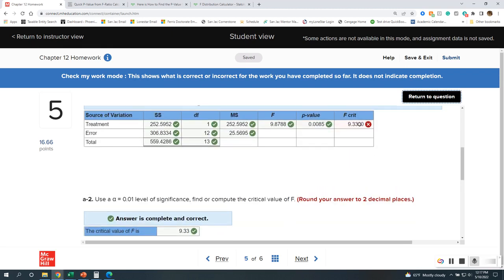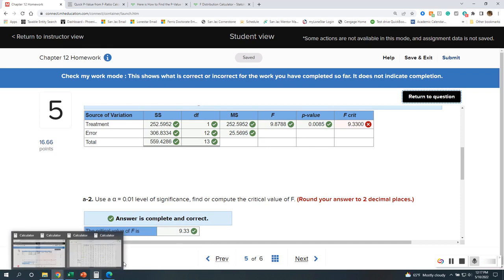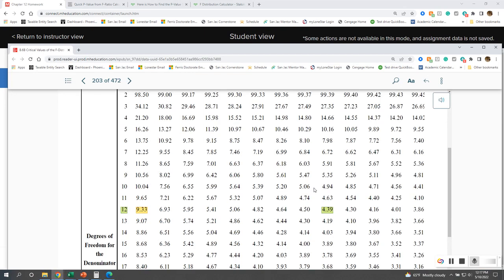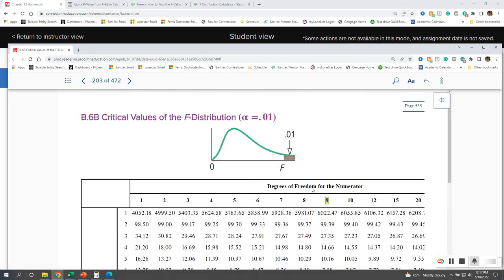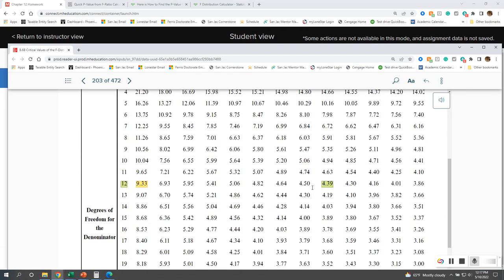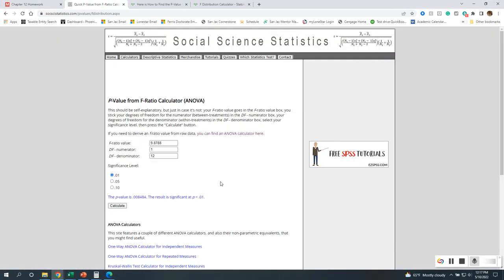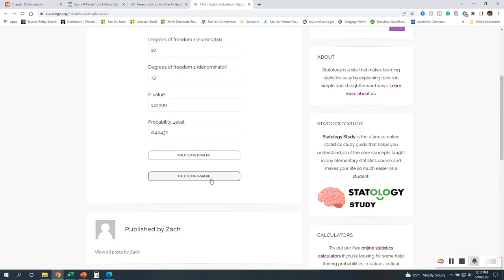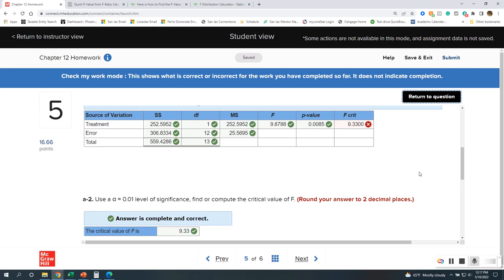So it is correct there. Here, they're looking for more decimal places. Wow. They're just being fun there. So, okay.